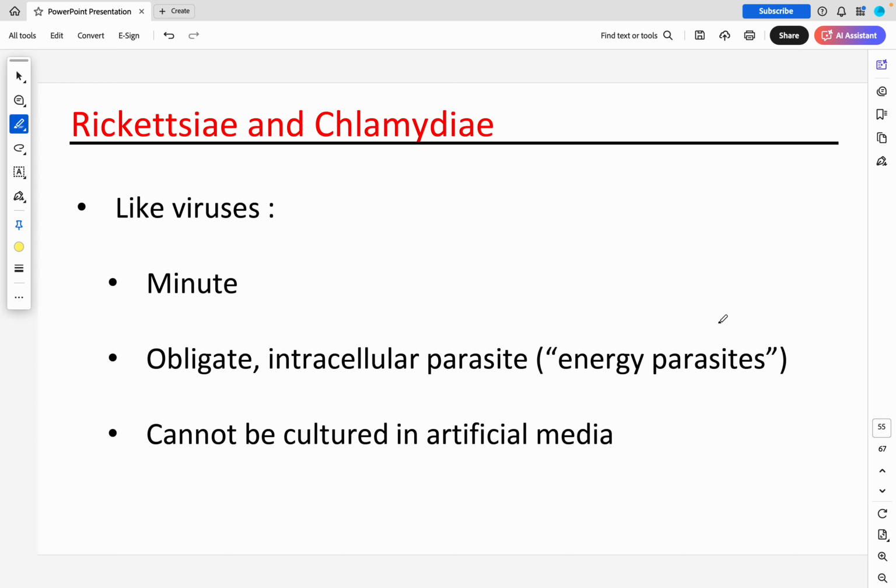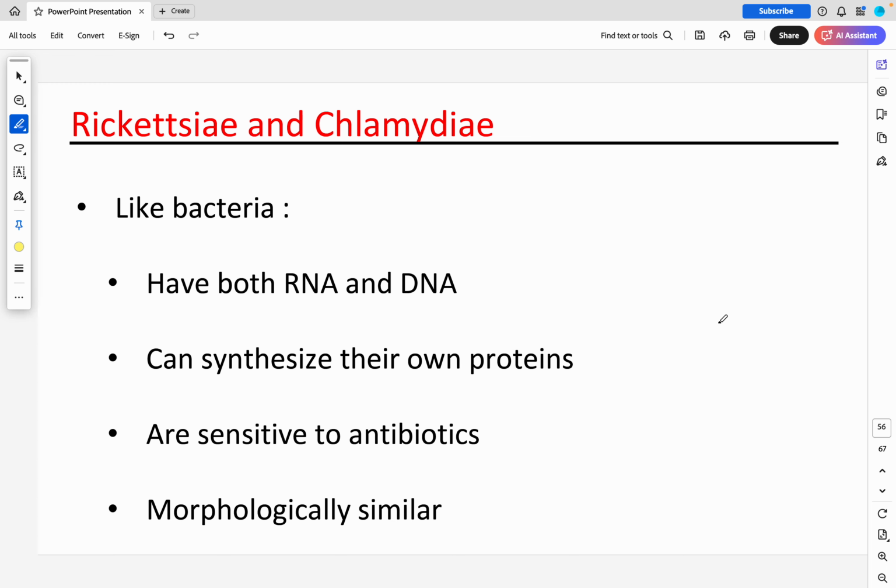It's hard to culture them in artificial media. Like bacteria, they have both RNA and DNA. They can synthesize their own proteins, and they can be cured with antibiotics.